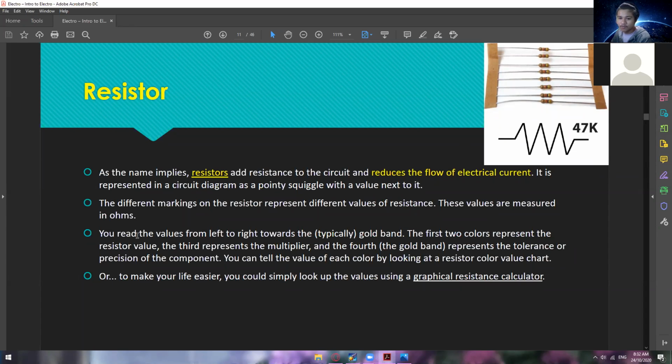We read the values from left to right, towards the typically gold band. Basically, we have the first three bands, then a space, and the last band is always gold or silver, sometimes red or brown, but mostly gold or silver. That is the common color of the last band.